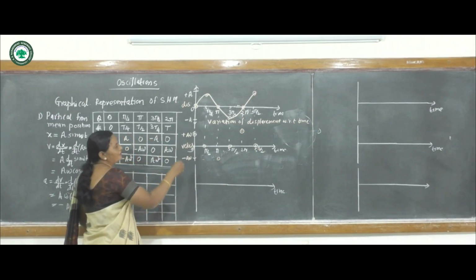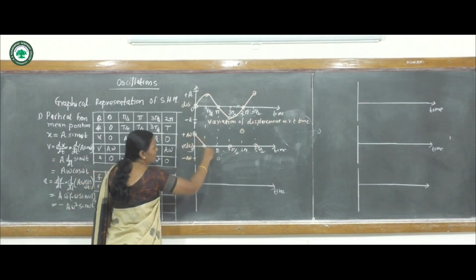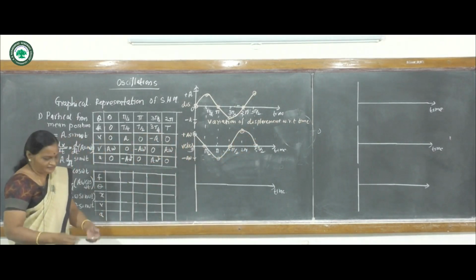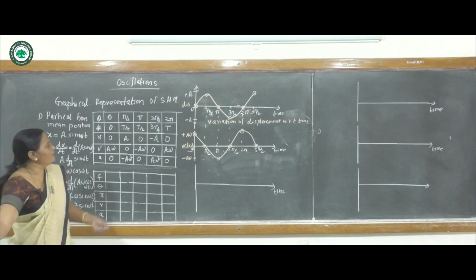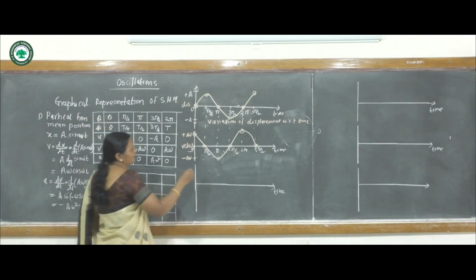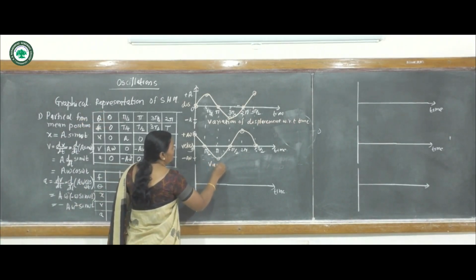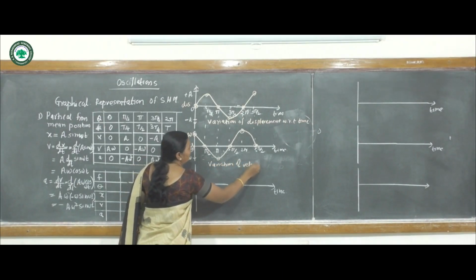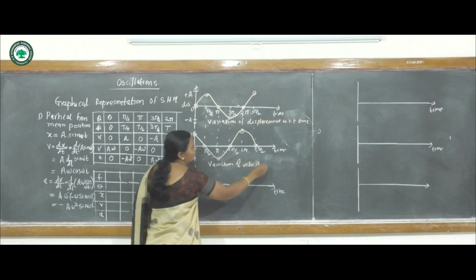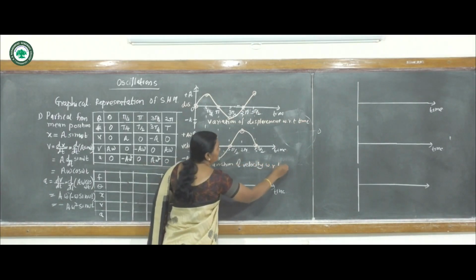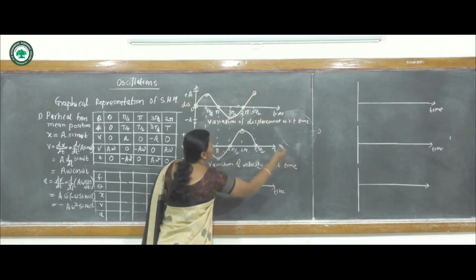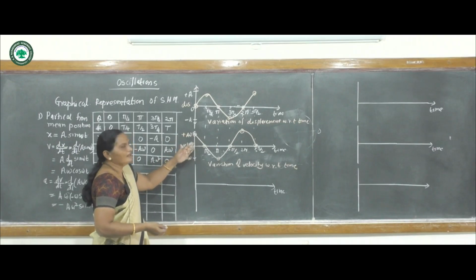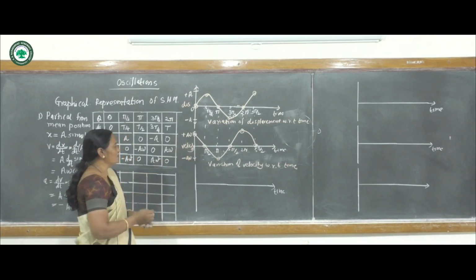Now it is graphically represented like this, and it is the graphical representation of the variation of velocity with respect to time. Here T is called the period, that is the time taken to complete one oscillation.